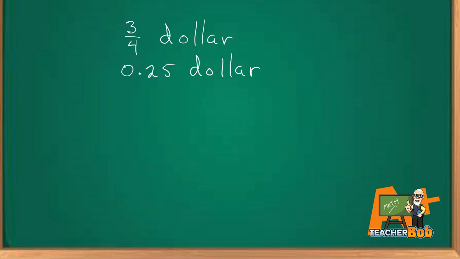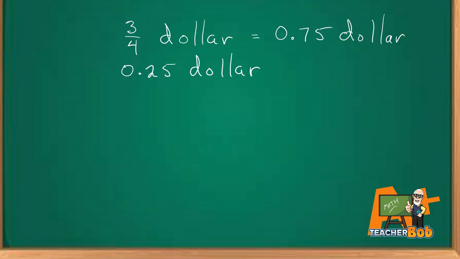So 3/4 of a dollar is also equal to the decimal 0.75 of a dollar, or 75/100ths of a dollar.